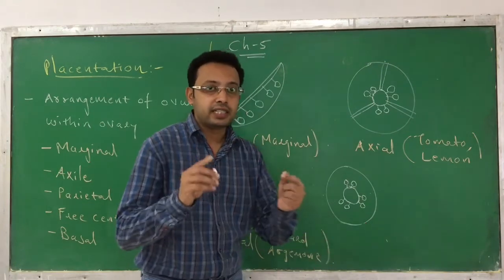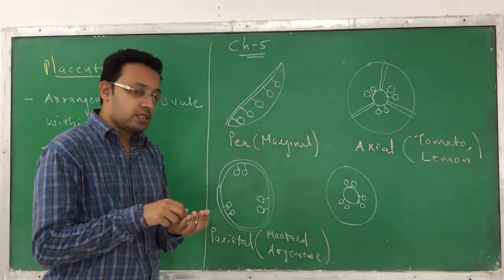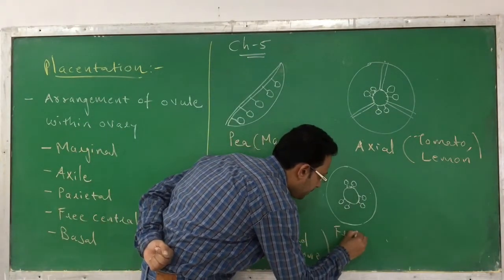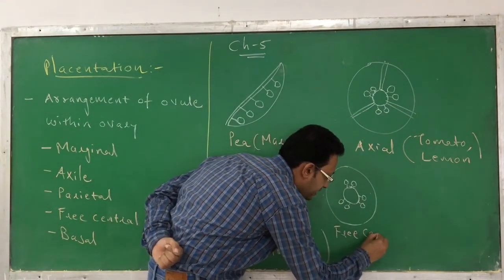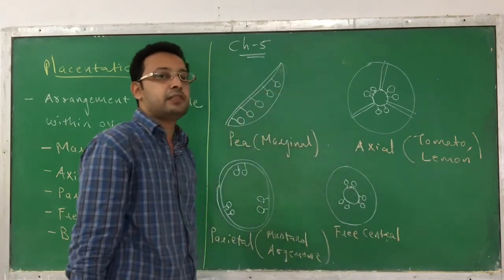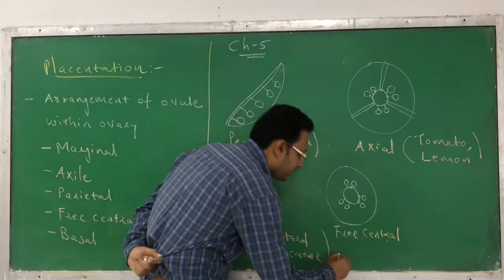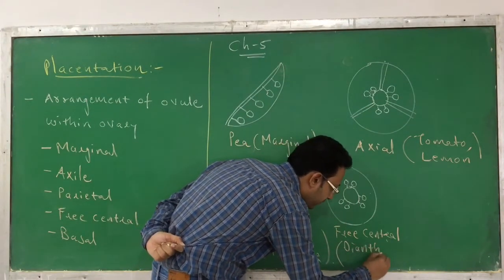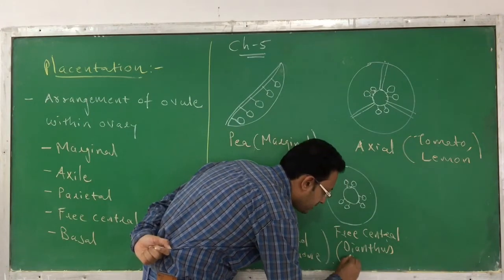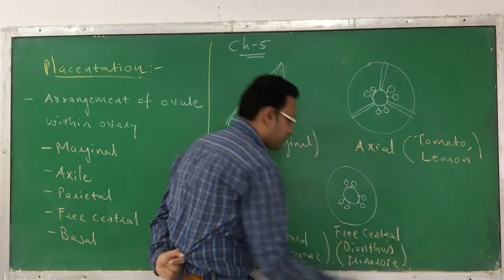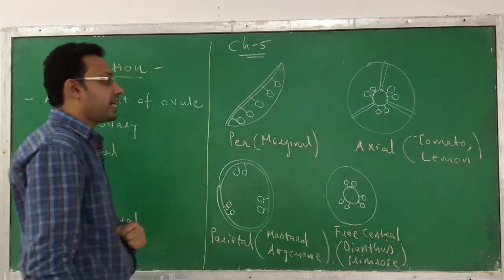Such ovules are free and arranged centrally, that's why we call it free central placentation. It's found in dianthus and primrose.